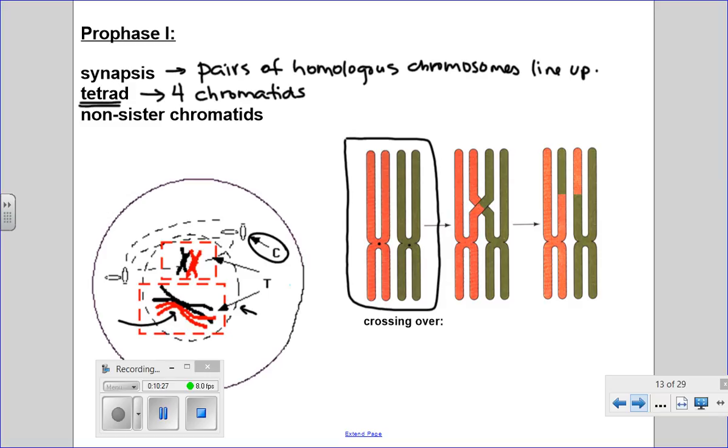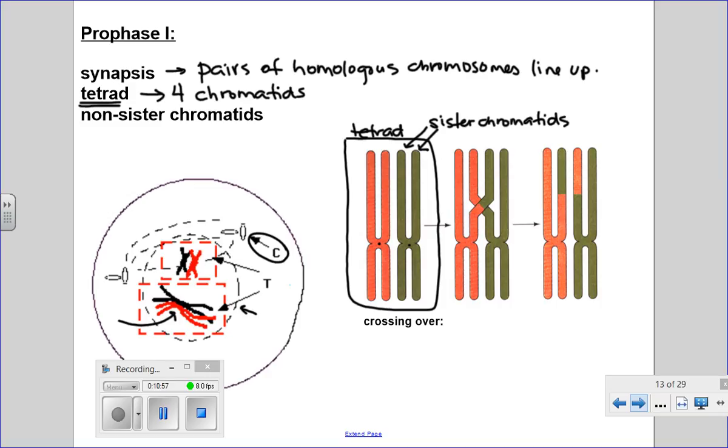So let's be sure of our vocabulary here. A chromatid is a copy of a chromosome. If I look at this tetrad here that was formed because of synapsis, because those pairs met up with each other, then when I look here, I see, for example, that I have some sister chromatids.